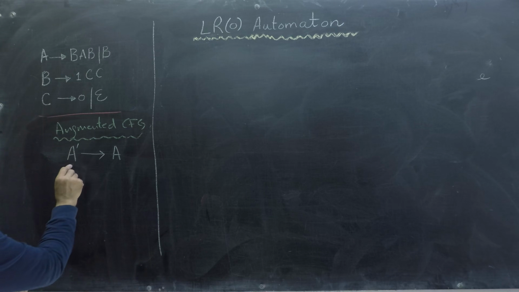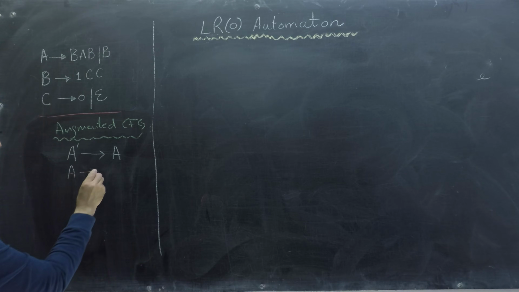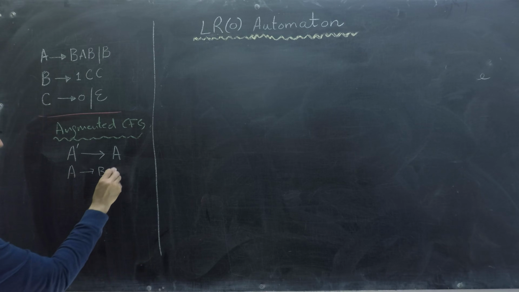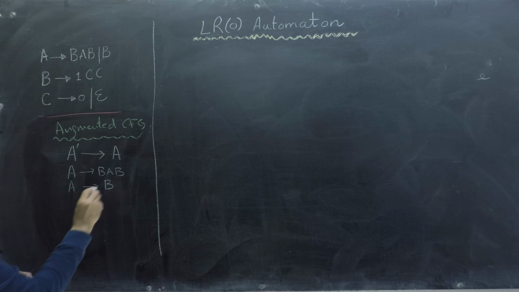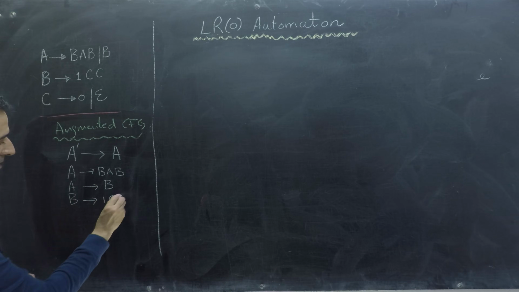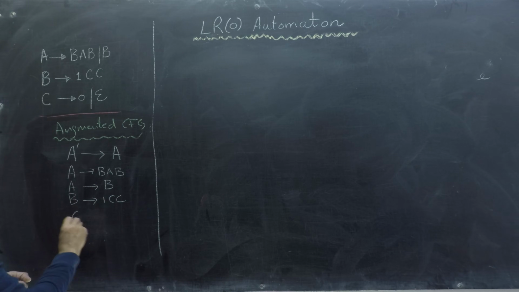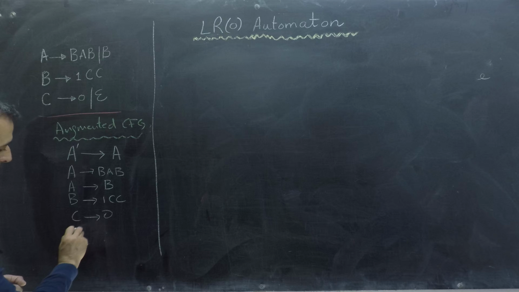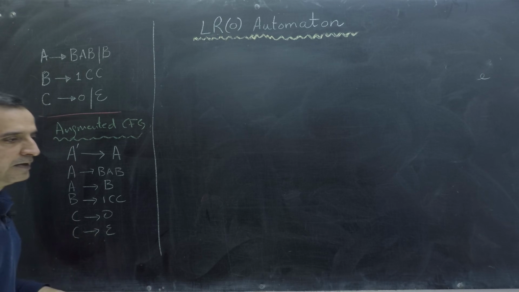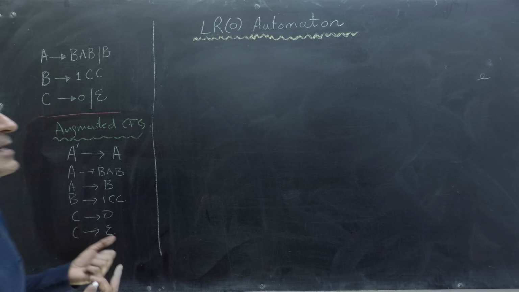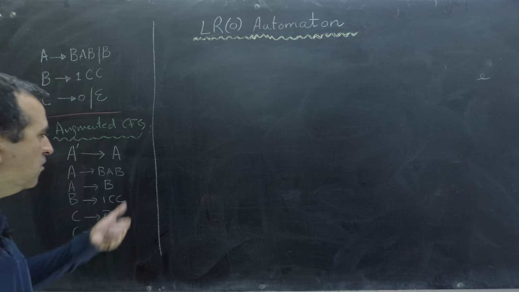So we write A goes to B A B, and A goes to B. Then we write B goes to 1 C C, and C goes to 0, and C goes to epsilon. So this is my augmented context-free grammar, and we can start creating the LR0 automaton of this grammar.